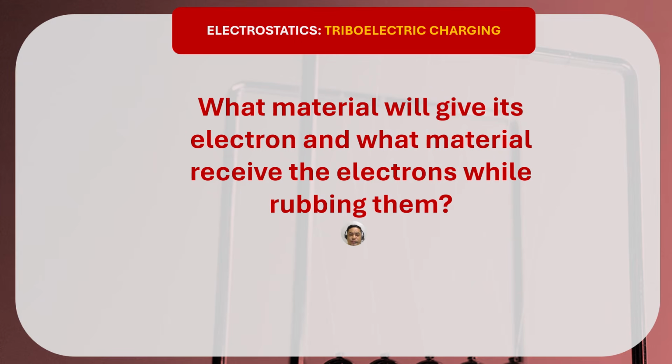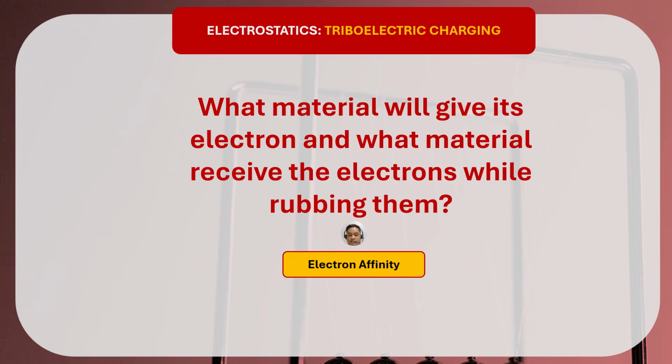Okay, and yeah, this is the question. What material will give its electron and what material will receive the electron while you are doing the triboelectric charging, or when you rub them? Which one will lose the electron? Which one will receive the electron? So it has something to do with electron affinity. It's the ability of a matter or an object or an atom to hold its electron.